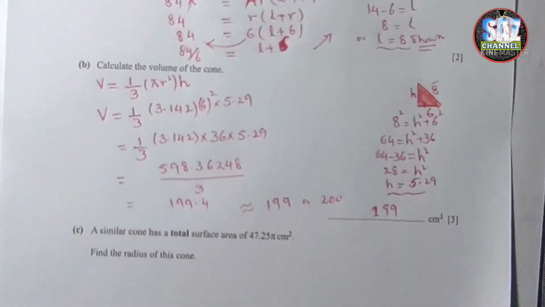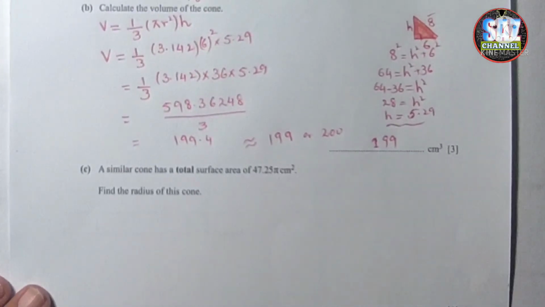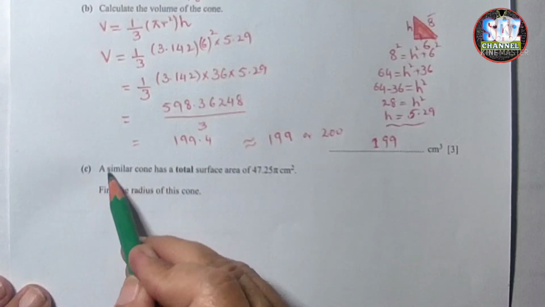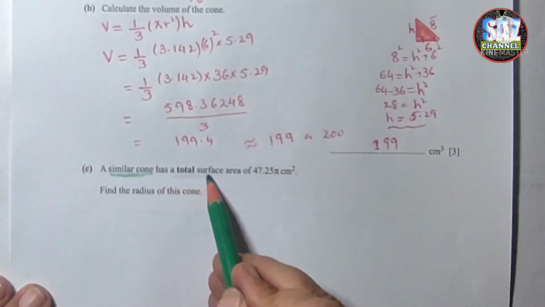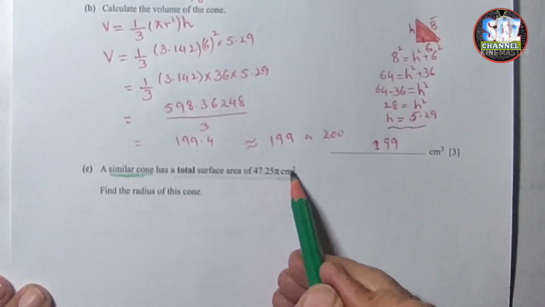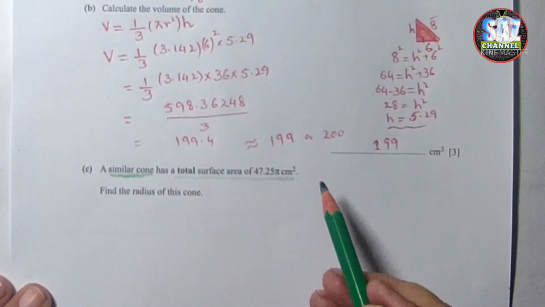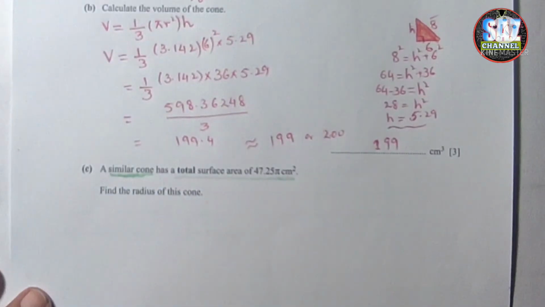And the next part says that a similar cone has a total surface area of 47.25 pi centimeter square. Find the radius of this cone.